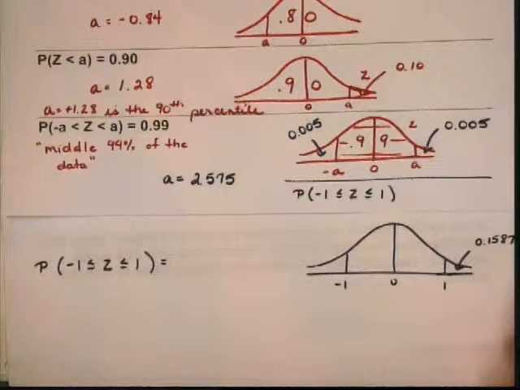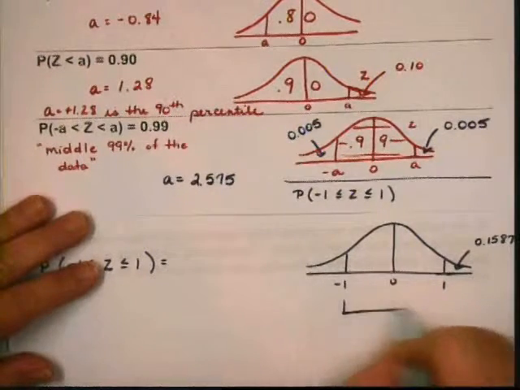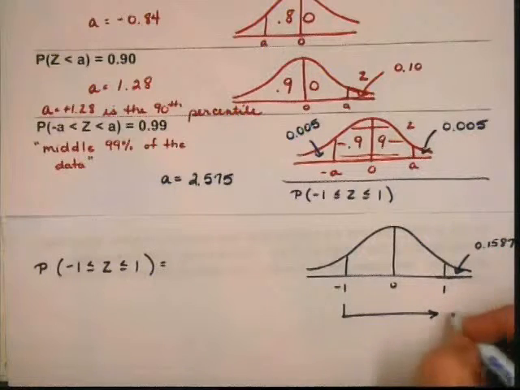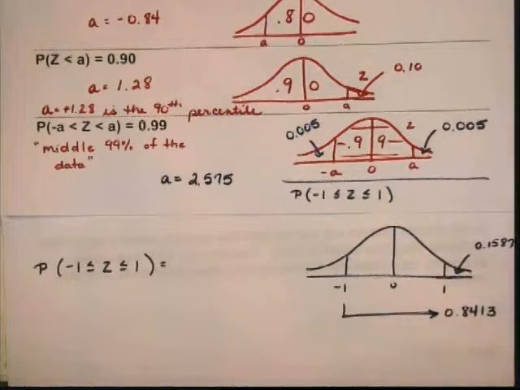Okay, what's the probability of a z-score associated with -1? So the area from here to the right is 0.8413.